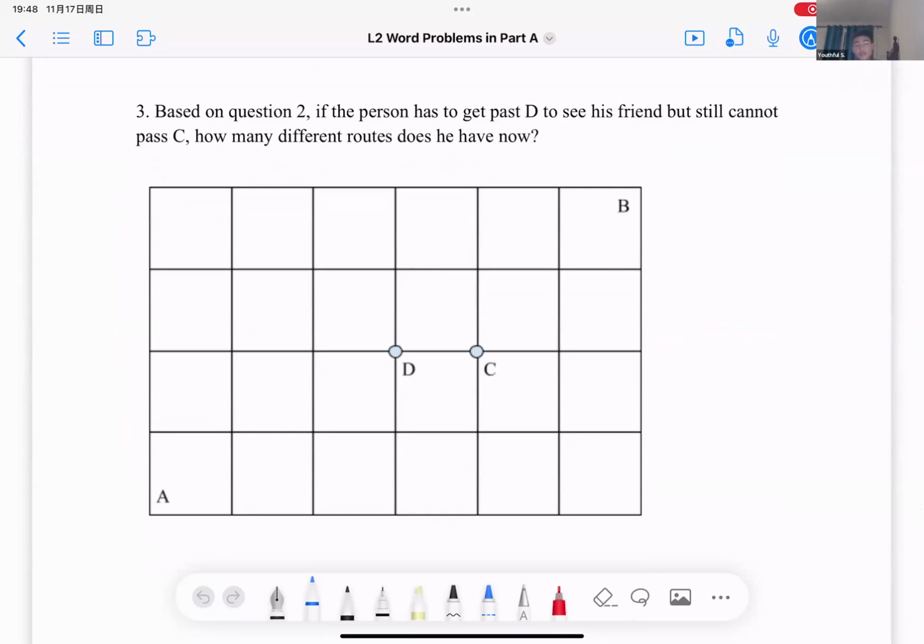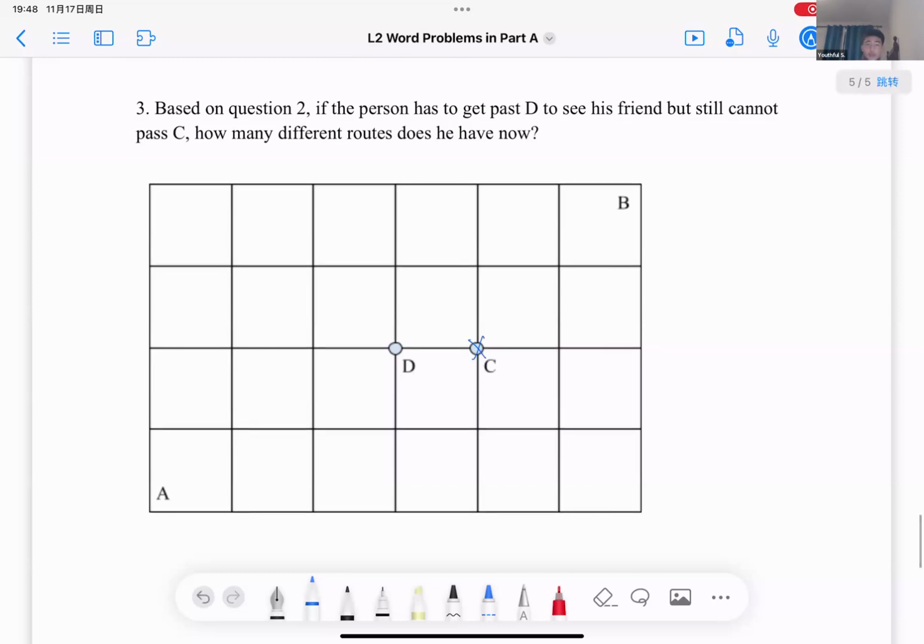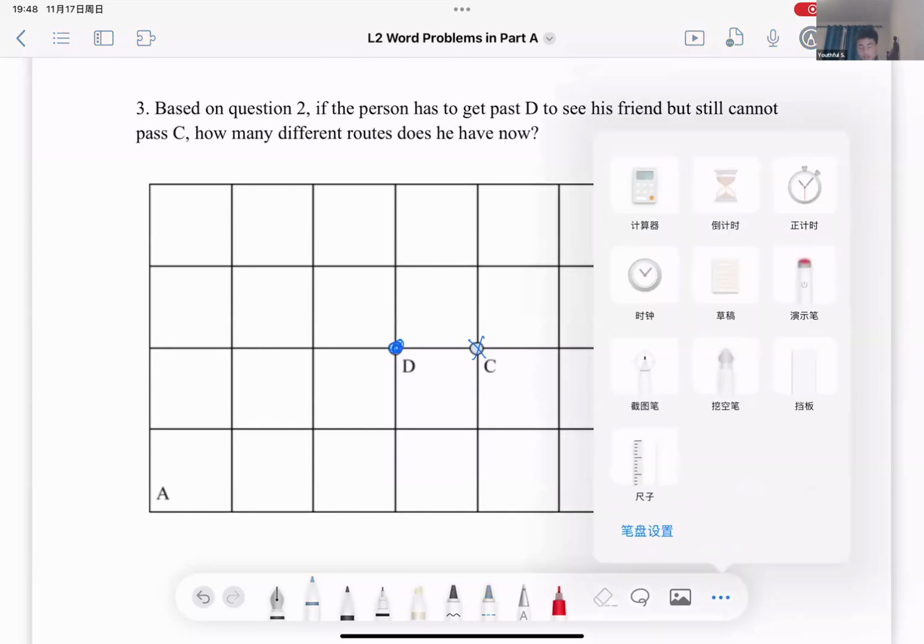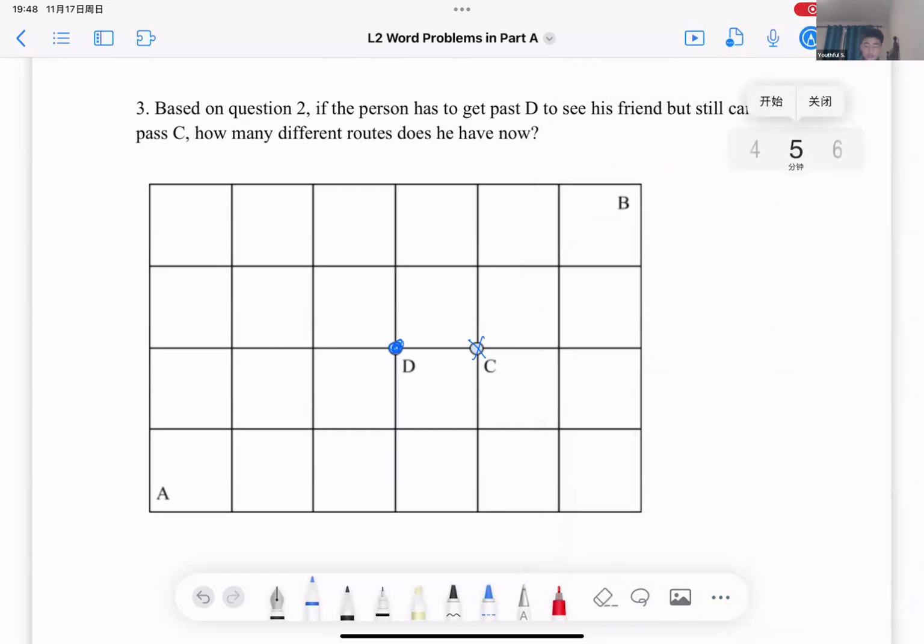So you cannot get past C, but you have to get past point D. Think about how you are labeling the numbers this time. I'll give you guys 5 minutes as well to at least think about it.